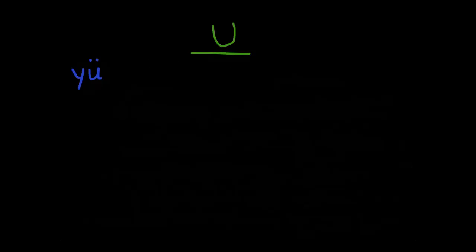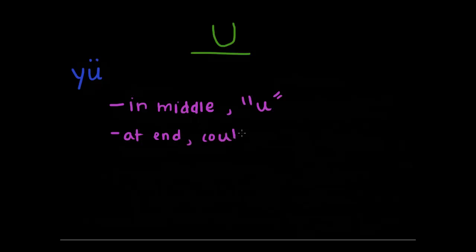If it's in the middle, it's going to be a U. Again, most of the time. There are obviously a couple exceptions, but it's going to be a U most of the time. At the end, it could be UE, just like the last example.